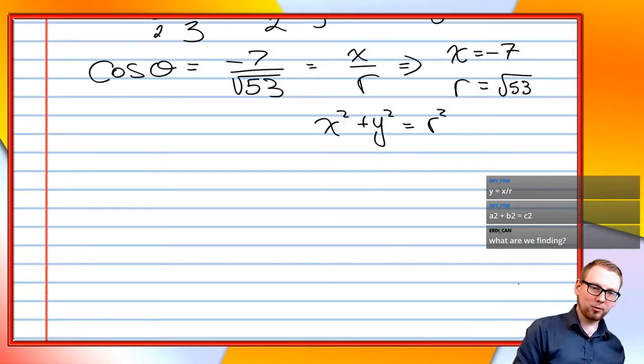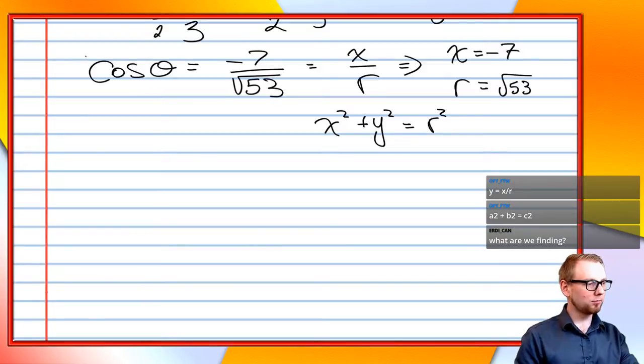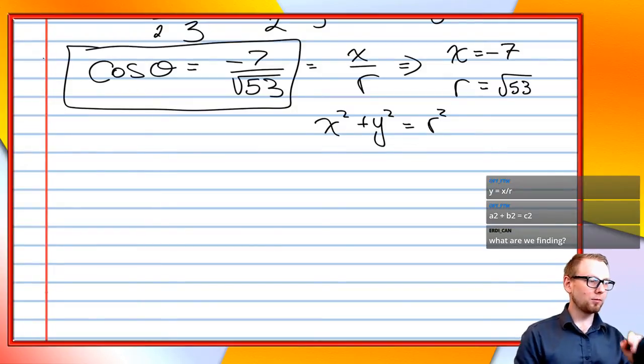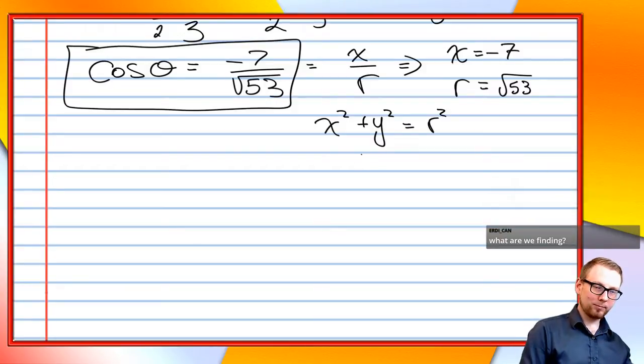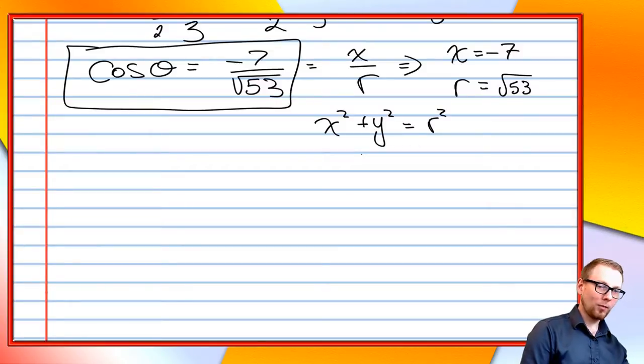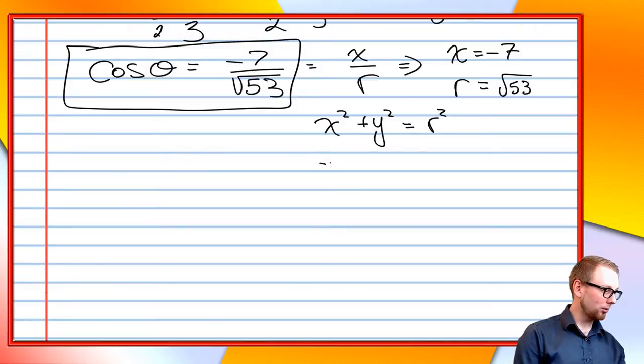So we need to find all the trig ratios for this cos theta. Here's the first one. We need the other 5. We have x and r. We need the third value, y. We can find that by using the Pythagorean theorem. X squared, well, we've got minus 7 squared.